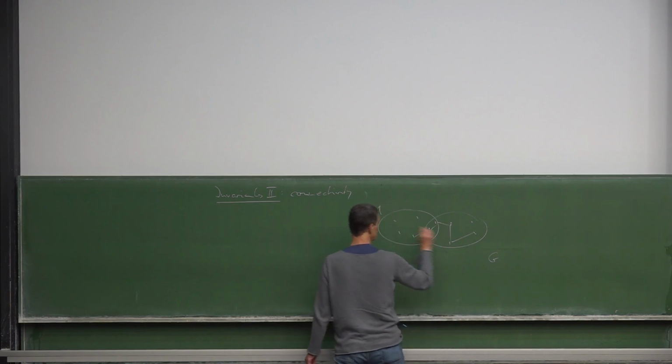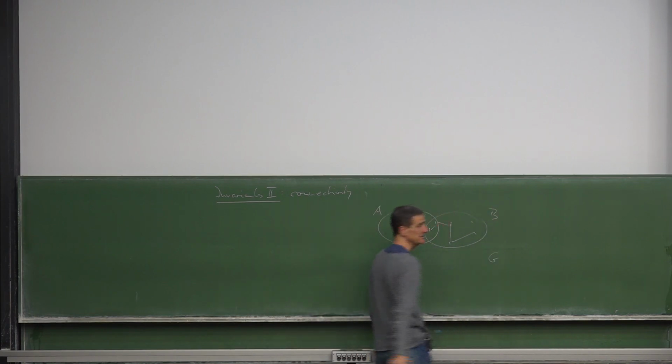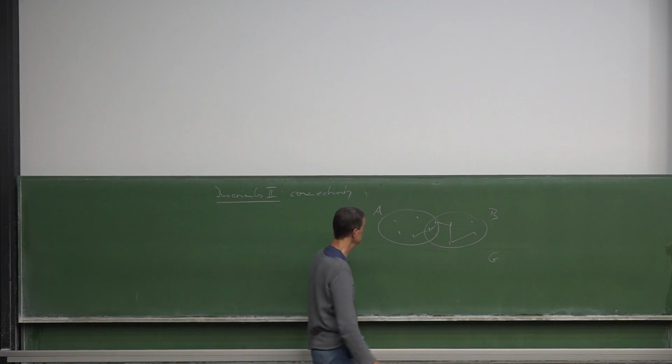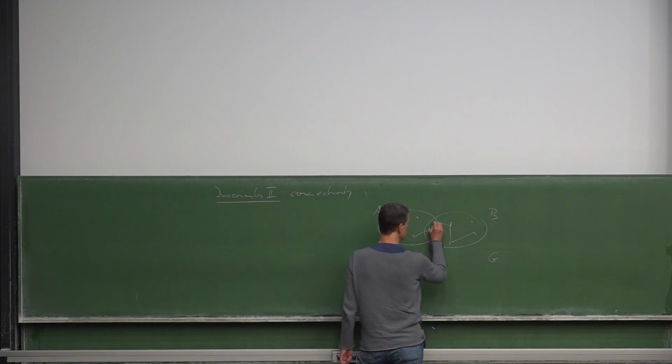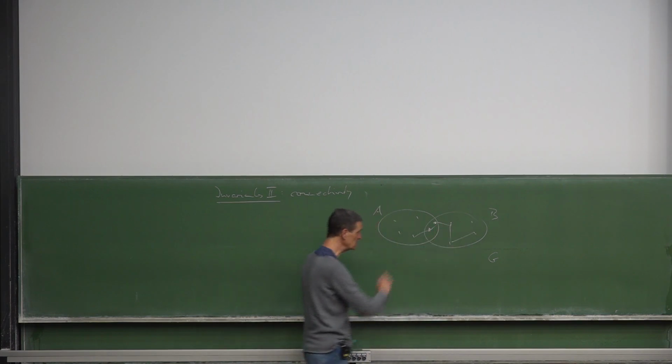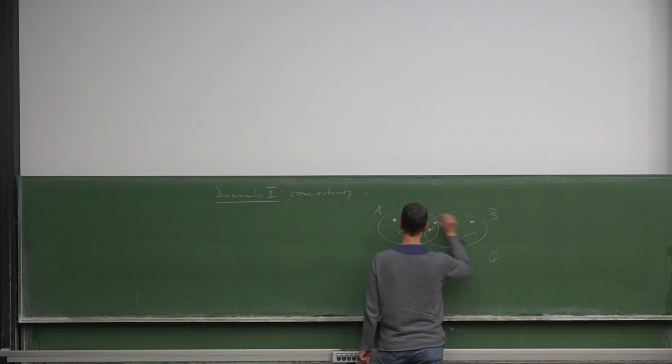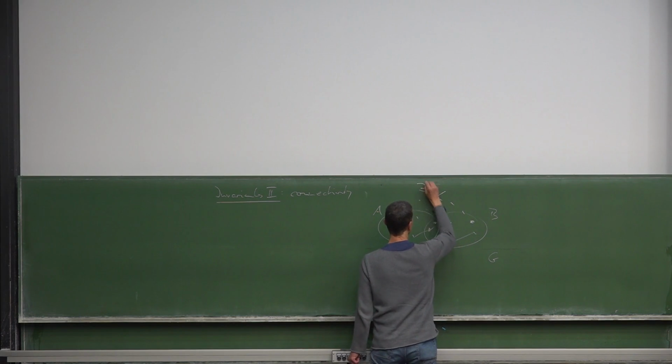So what is a separation? A separation is an unordered pair of two sets of vertices which together make up the entire set of vertices, but not necessarily disjointly. So they don't have to partition the vertex set. They may overlap, with the property that from A minus B to B minus A, there's no edge.